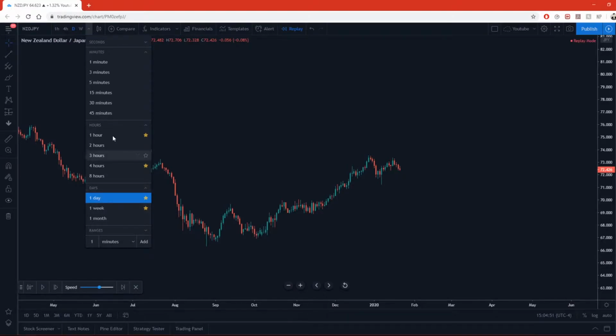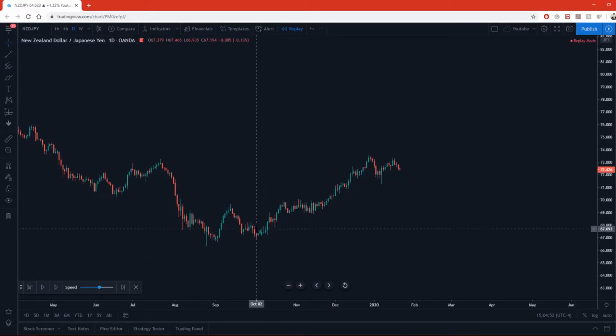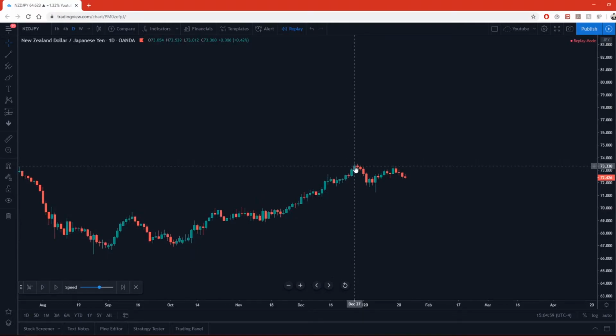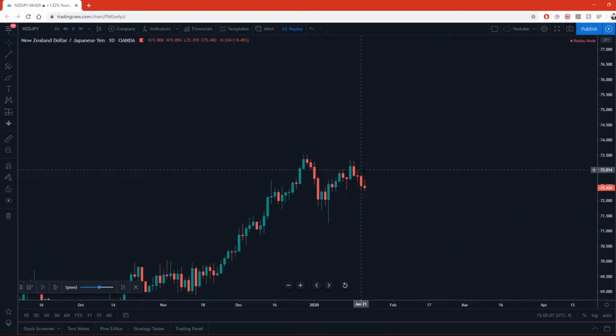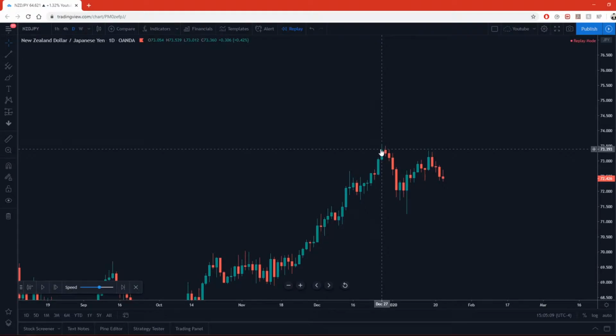What this means is that every single candle here is another day. This is a completion of a day, every trading day. Whenever the trading day starts for New Zealand JPY, it will open the candle at whatever time it is, and will close at the end of the day on the other side.